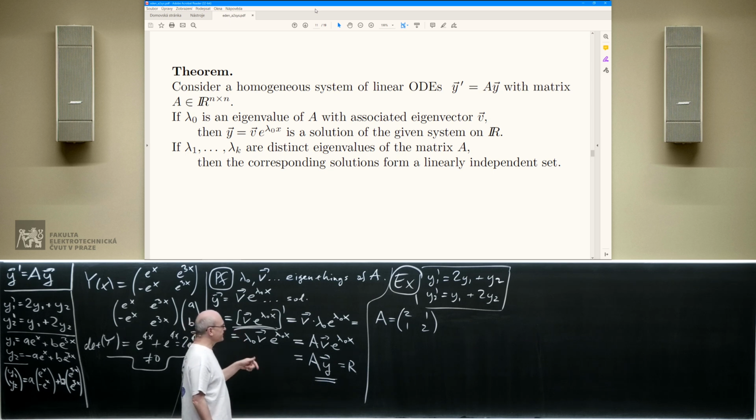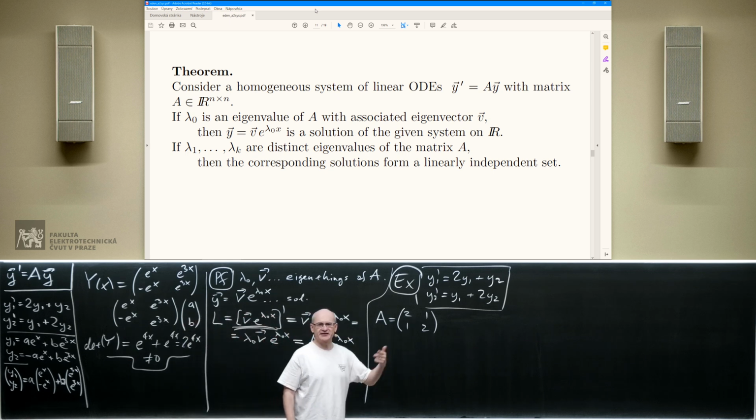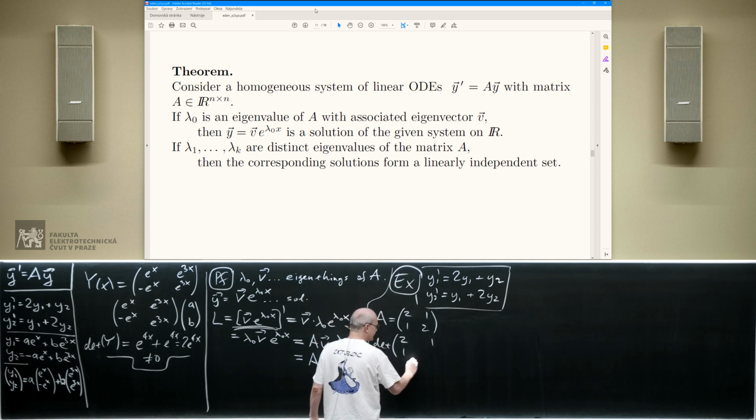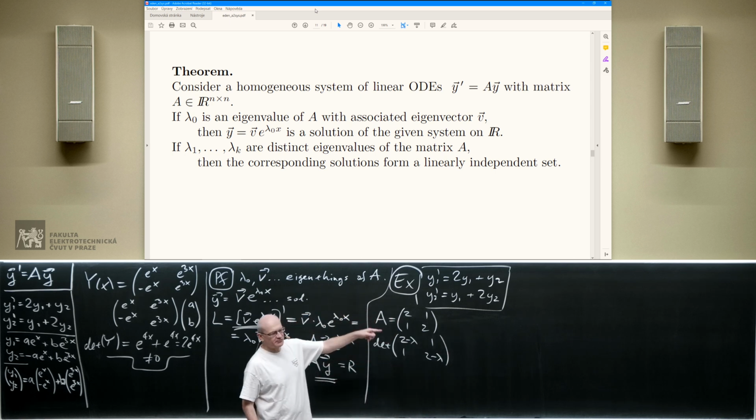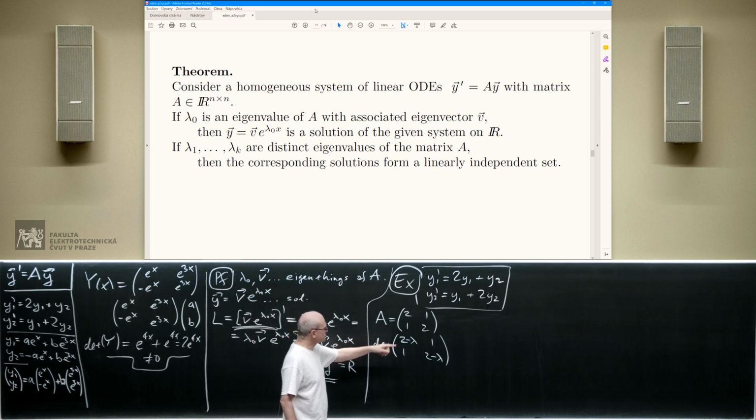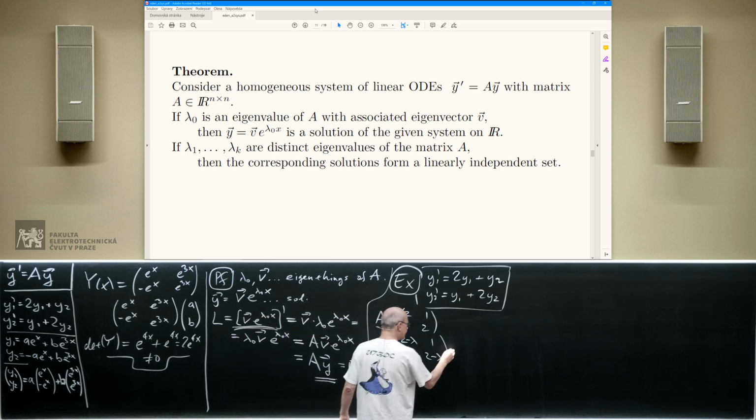So first of all, we need to find eigenvalues, eigenvectors. For that, we have a procedure. Okay, we are supposed to take the determinant of this matrix, but modify it. We should subtract lambda on the diagonal. So it's A minus lambda times identity matrix. And now this determinant should be 0. So let's see how much it is.